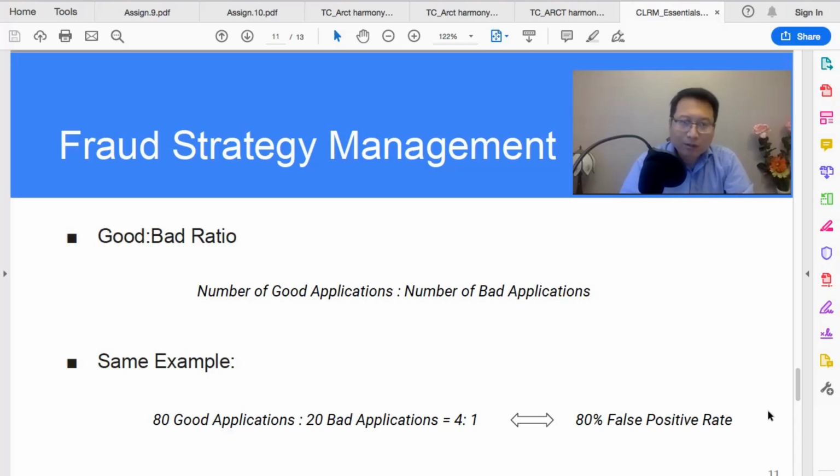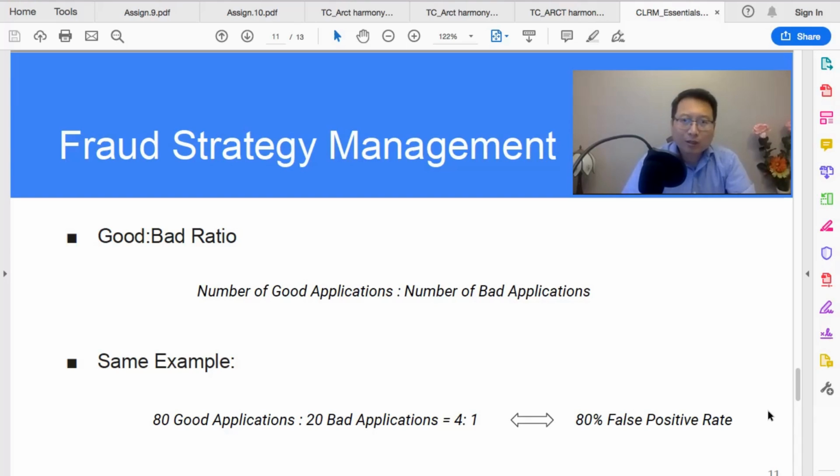The good bad ratio is the number of good applications versus the number of bad applications. Following the same example, for the 100 applications, we have 80 good applications and 20 bad, fraudulent ones. So the good bad ratio is 80 versus 20, a 4-to-1. It's the same thing as an 80% false positive rate.